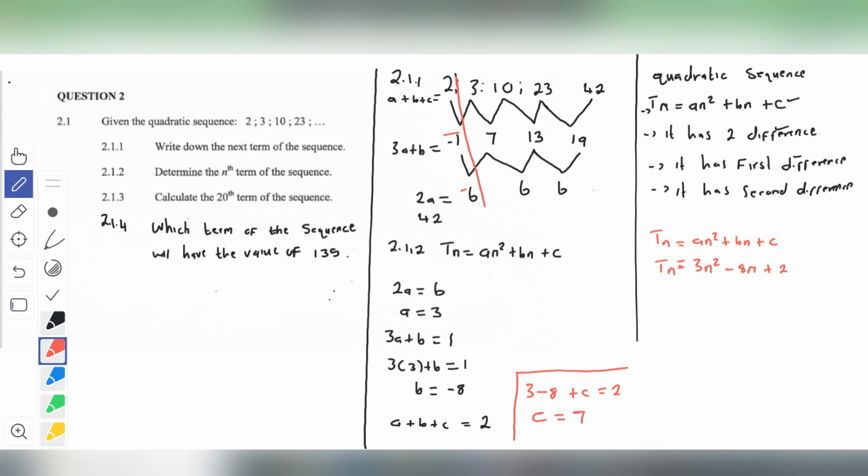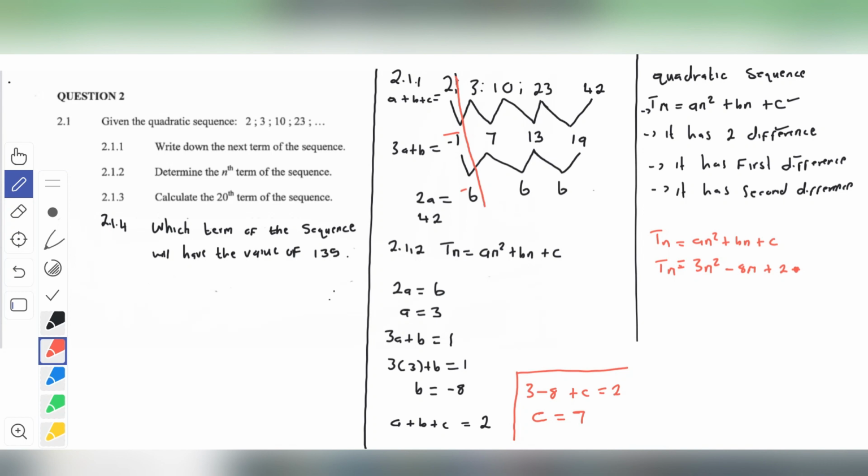So guys, let's say you didn't know how to calculate or how to write down the next term of the sequence, or you are not sure about your answer. How can you prove it? You're going to use this formula that you got, which is Tn equals 3n squared minus 8n plus 7, right?